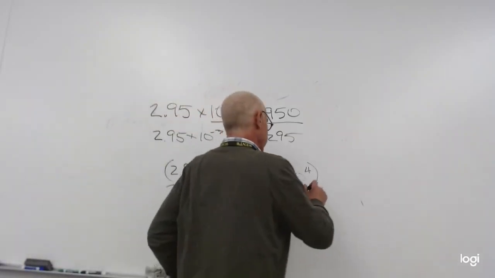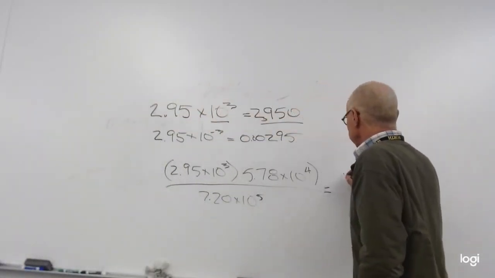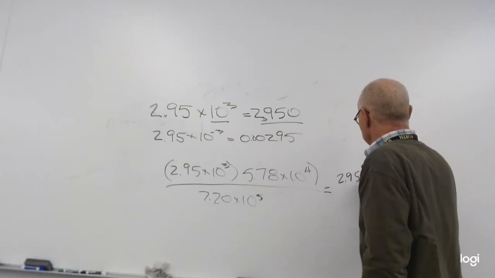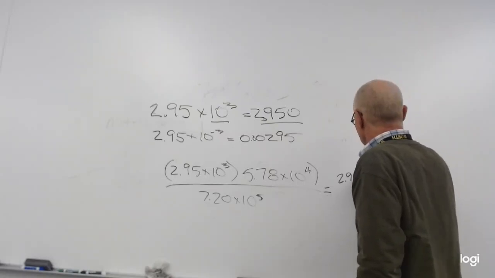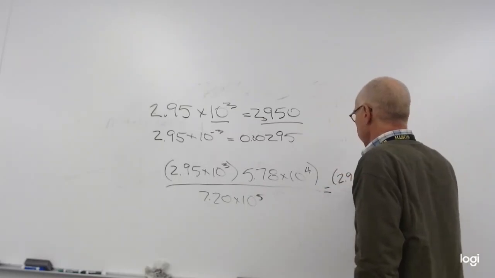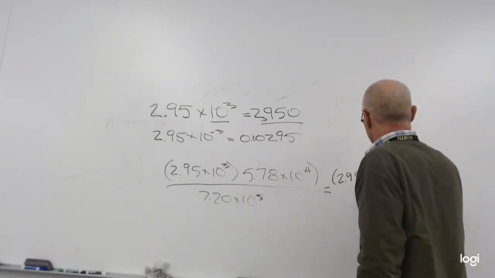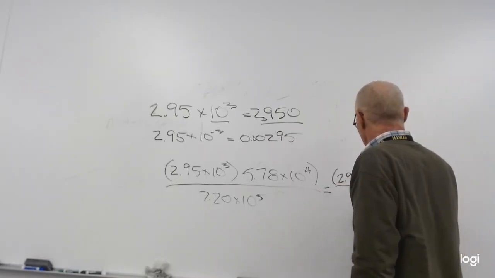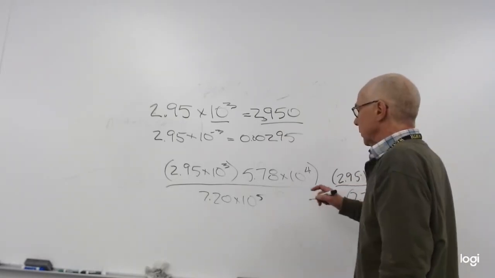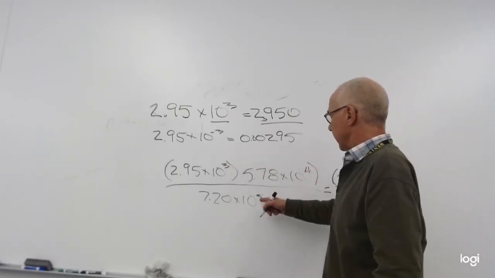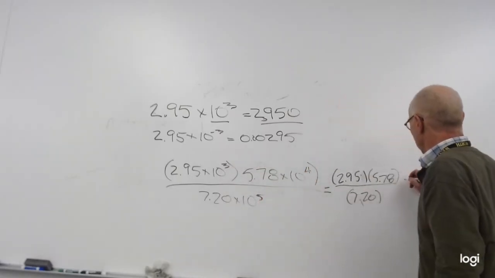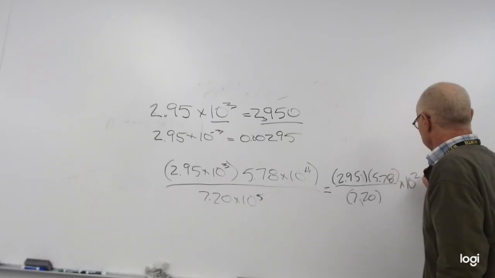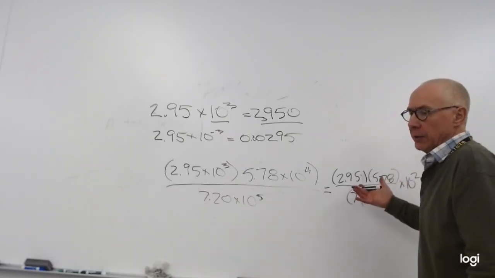So all this would be equal to 2.95 times 5.78 divided by 7.20, and we have 3 plus 4 is 7, minus 5 is 2, so that's all times 10 squared. So it's just an easy way of reducing terms.